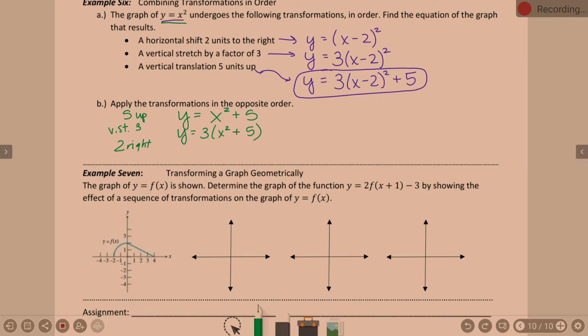Now, the key is we still have that 3 outside, and then the parentheses that's already there. And then we're going to do parentheses for the x minus 2. We're going to square that, plus 5, and then close my other parenthesis.